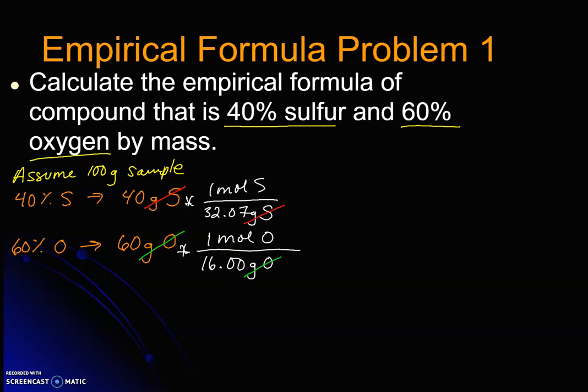Okay, so let's figure this out. 40 grams divided by 32.07 grams is going to be 1.25 moles of sulfur. And in my calculator, 60 divided by 16 is going to be 3.75 moles of oxygen.